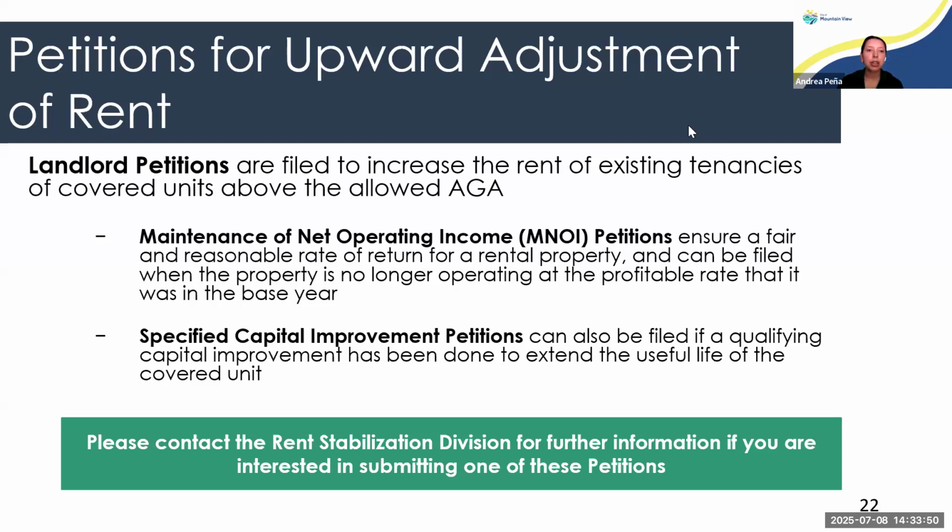Okay, I'm seeing one question about rent increases and the utility adjustment. So I'll just read it out first for everyone. Can you confirm that the landlord can give an AGA on September 1st of this year?